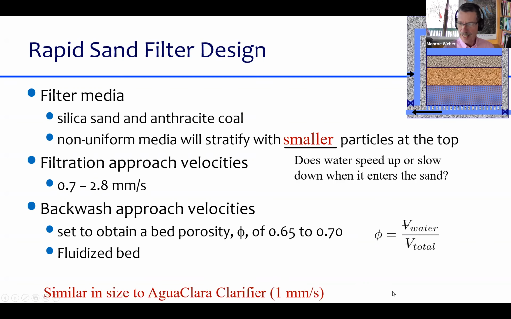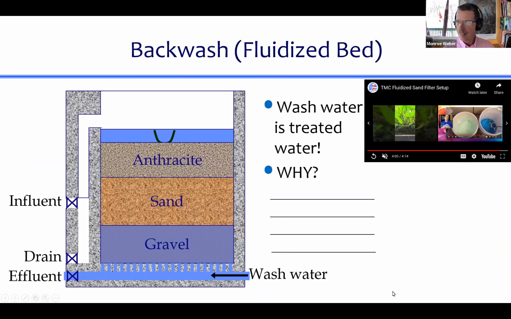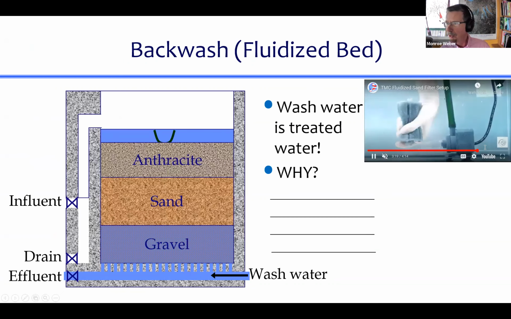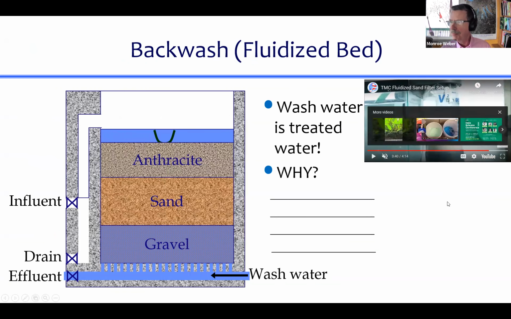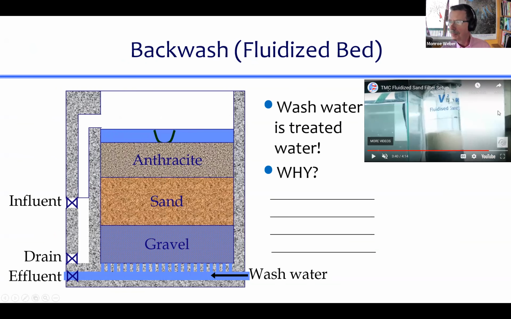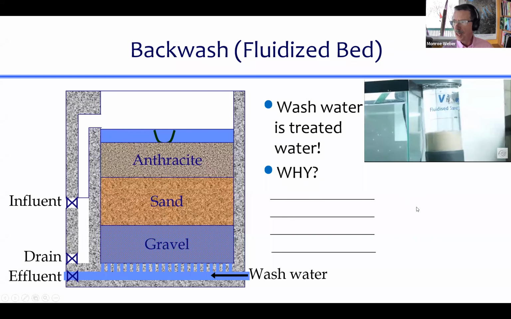So the first thing is I added, oh, don't tell me this won't work. Okay. I wanted to just show a fluidized bed. Let's see if this works. Here we go.